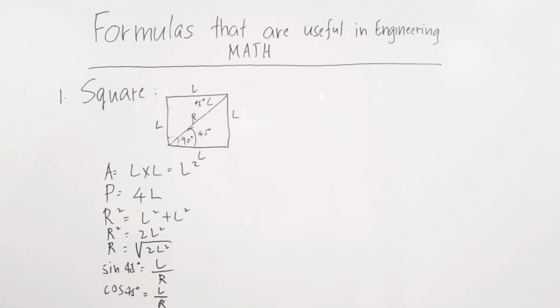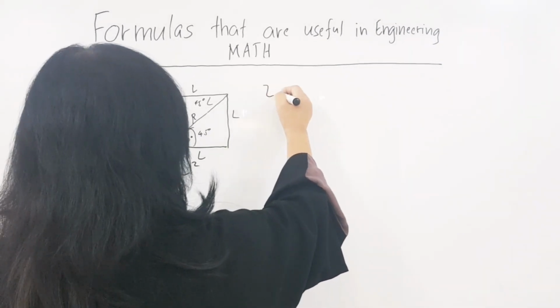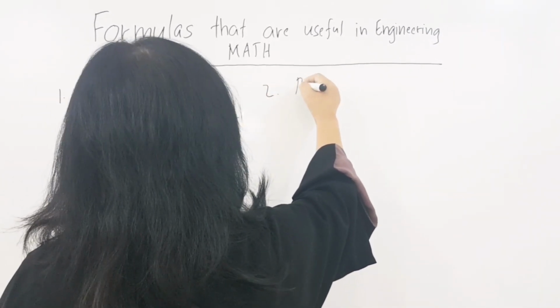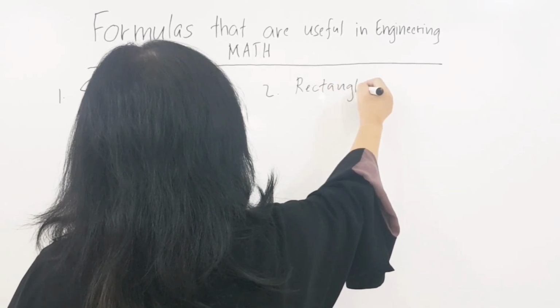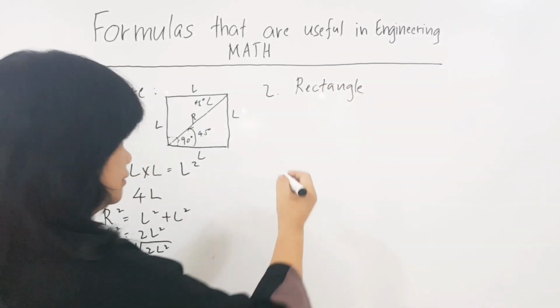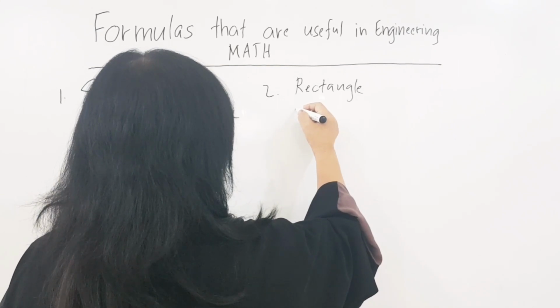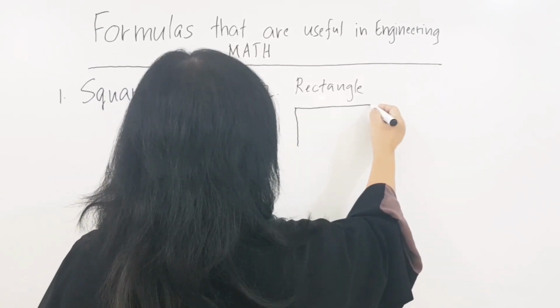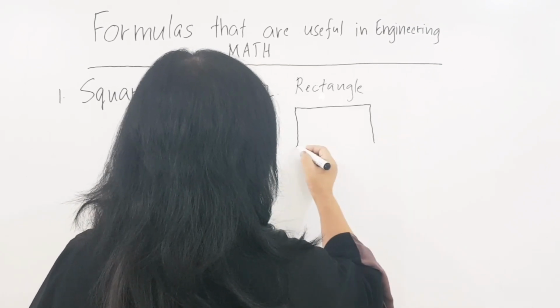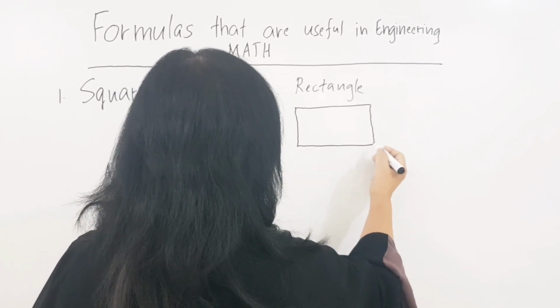Now, the second shape that we have to consider is the rectangle. We know that in a rectangle, two of the sides are the same and longer than the other sides.